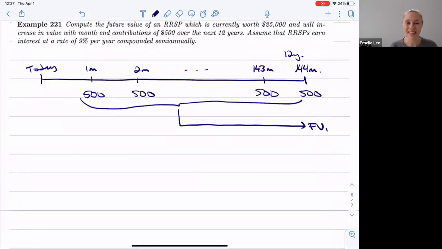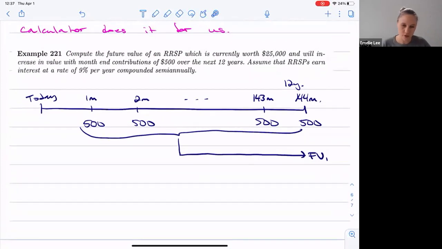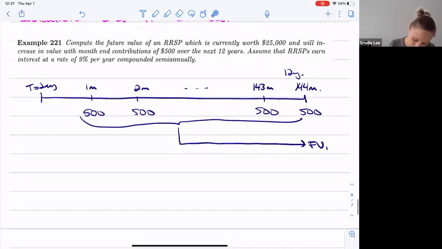But then I also have that 25,000, which is just going to be sitting there. So instead of trying to combine the 25,000 with the 500, I'm just going to let them sit there and work independently, which would involve two calculations if you're doing it by hand. But our calculator can just do it right away. So that's why I'm using the calculator for this one.